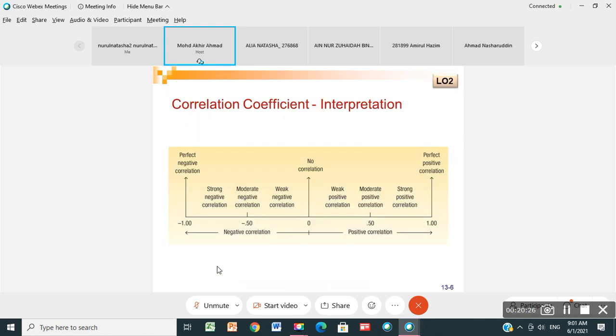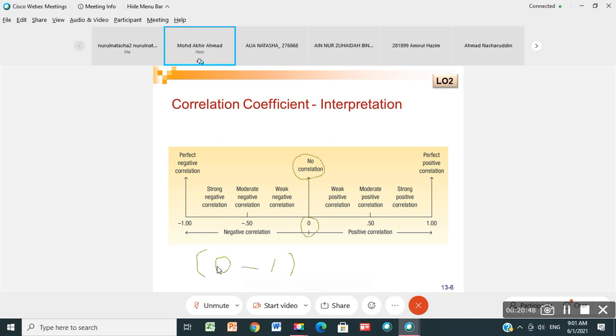Okay, this one they indicate the value. Tadi kita belajar value dia adalah daripada 0 until 1. Jadi plus minus 1 lah. Jadi minus or plus. So 0 indicate what? 0 indicate no correlation.